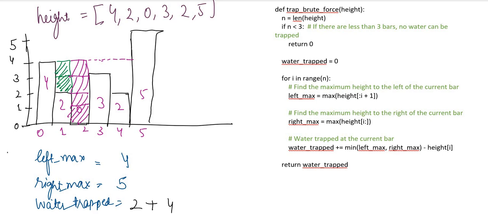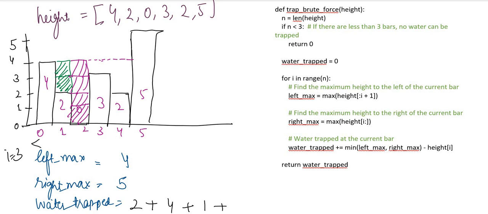Next, when i is equal to 3, including the third index towards the left the maximum is 4, towards the right it is 5. So the minimum is 4, minus the height at the ith index, which is 3. So 4 minus 3 is 1, and we add 1 here.